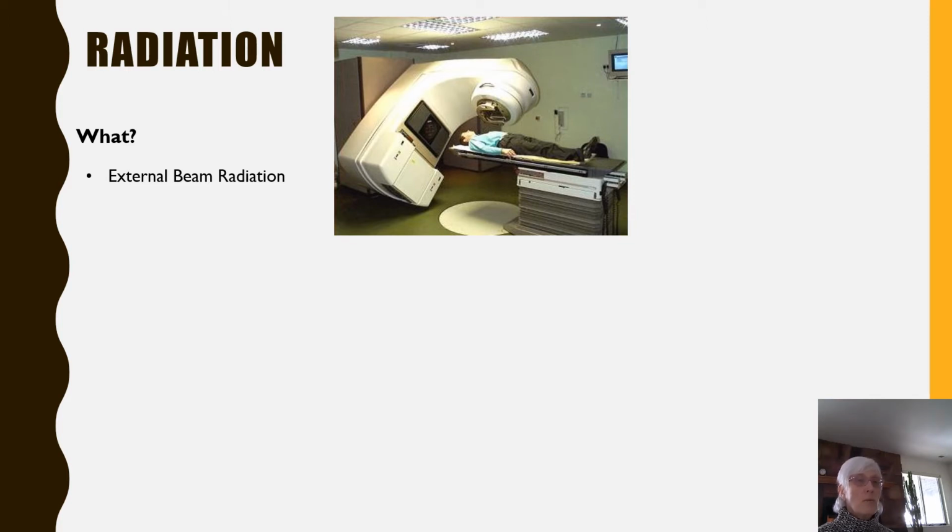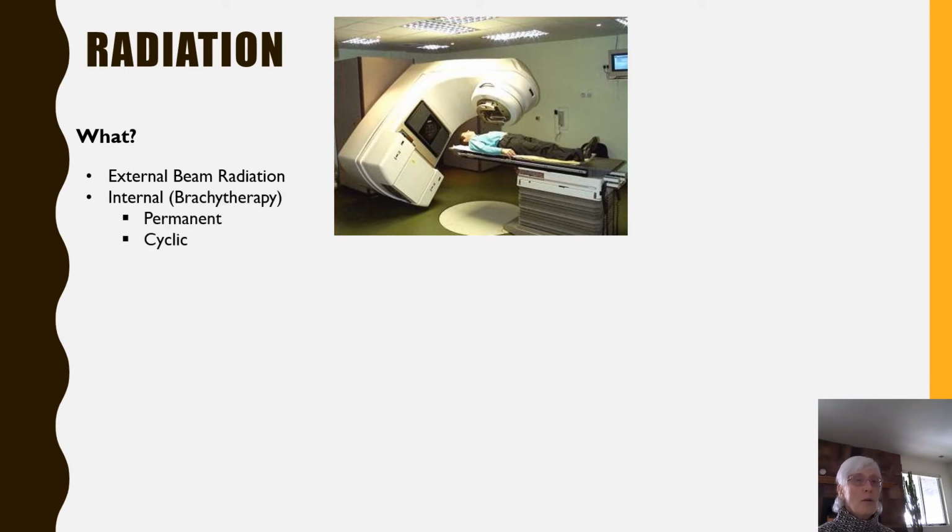An individual would have a mark placed upon him or her that would denote where the beam would be going in, and obviously a physician, a radiation oncologist, will determine the depth of that tumor in a patient, and the external beam would be set to go through a person's body to that depth so that the radiation would be hitting the tumor.